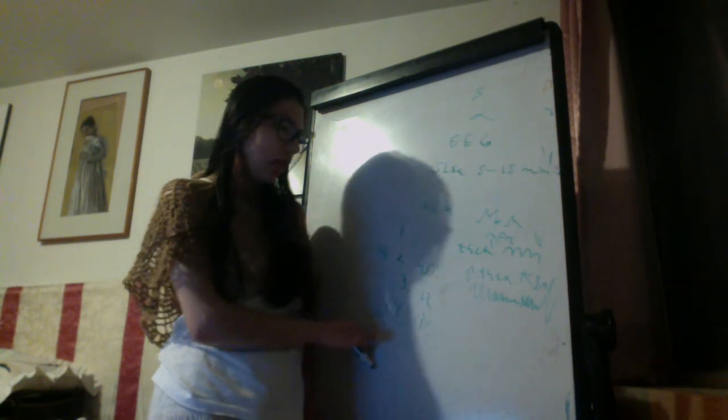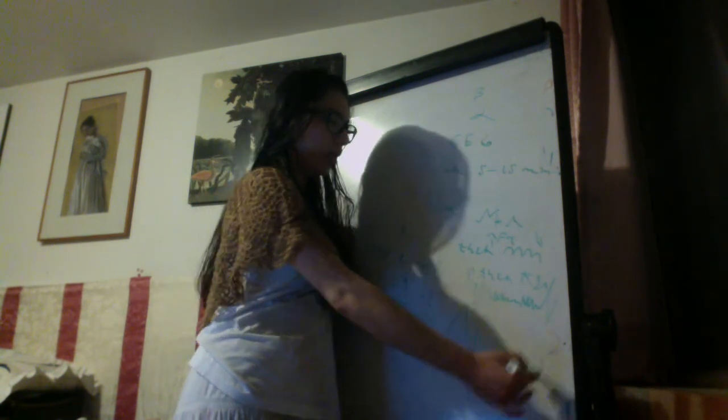In stage 3 and stage 4, the waves are delta waves, which have the lowest frequency and highest amplitude. So these are the delta waves.